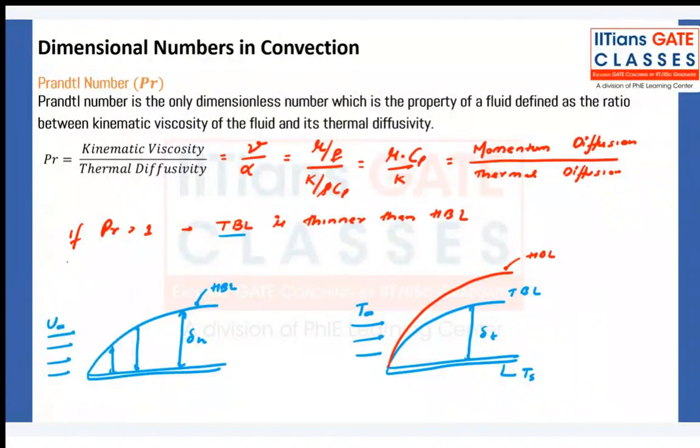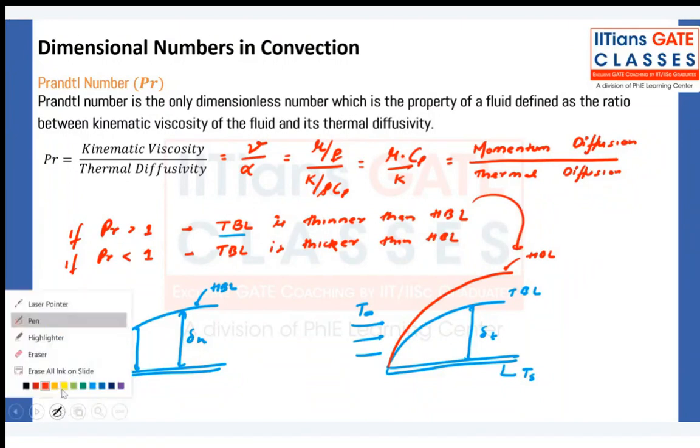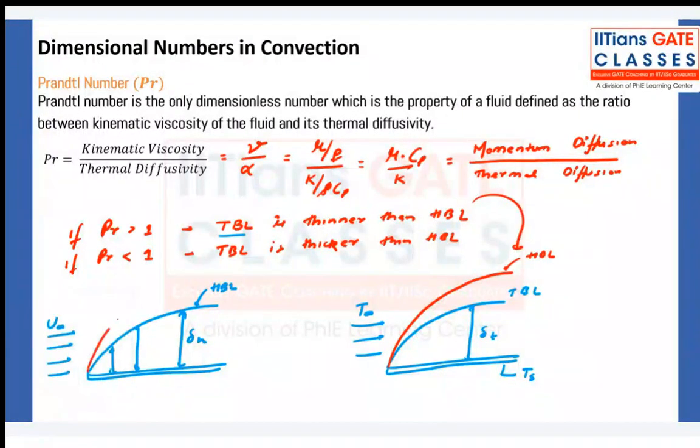Now, if Prandtl number is less than 1, then the thermal boundary layer is thicker than the hydrodynamic boundary layer. So this is this case. I am saying it is thicker, that means this will be your thermal boundary layer. So this one is this case, and this one is this case.